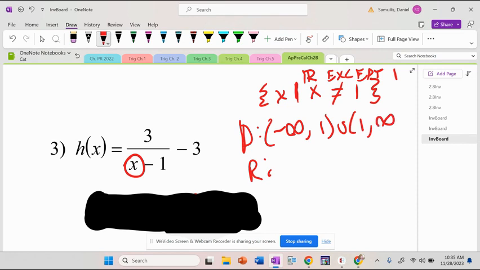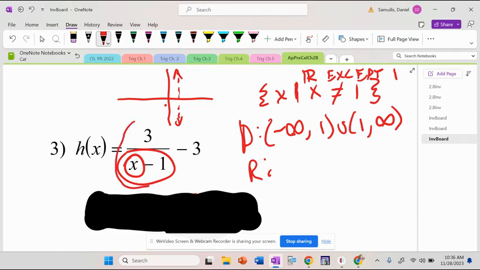And then the problem is this is the shifting transformational format of a rational function. Struggling for words here. So this is a vertical asymptote at x equals 1. Remember that, because we have to know this stuff. And then this means down 3. So this would have had a horizontal asymptote at y equals 0, but then it's moved down 3.